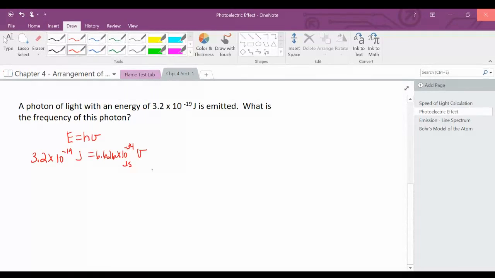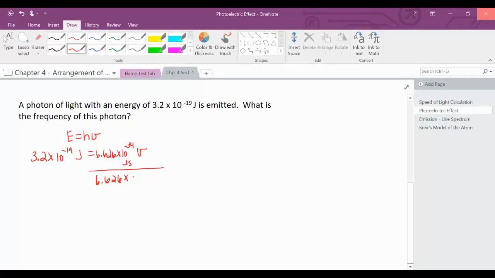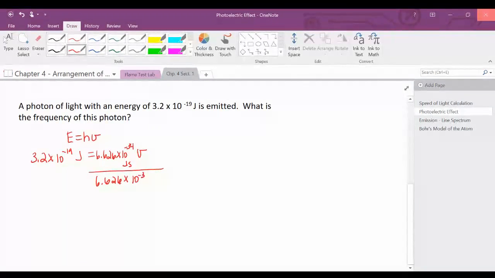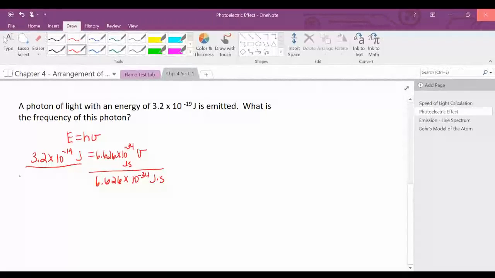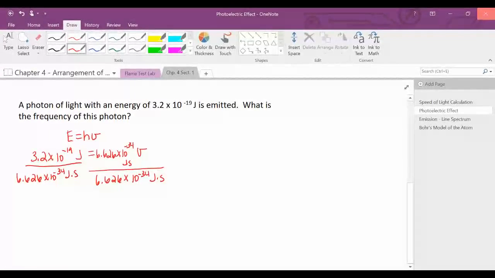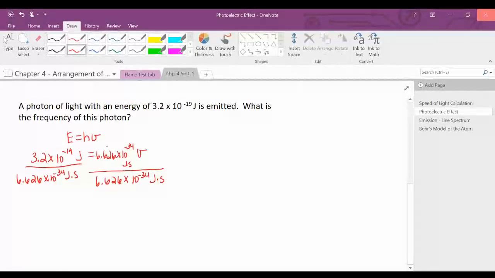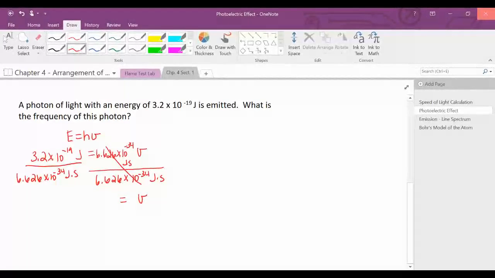So we want frequency by itself, so we're going to divide both sides of our equation by Planck's constant. So it cancels here, so we're left with frequency. And then on this side, my joules would cancel.